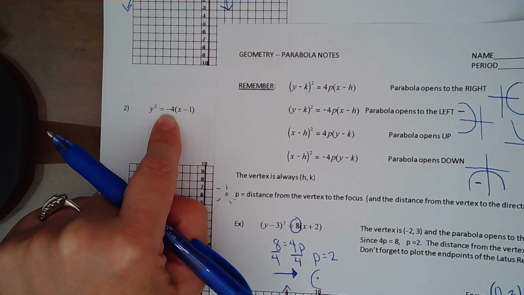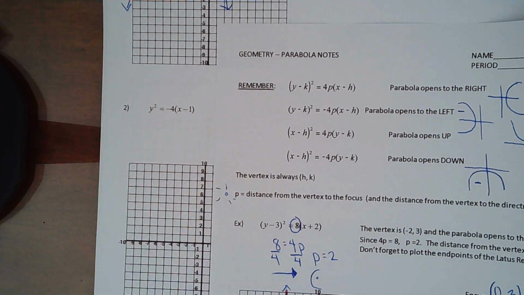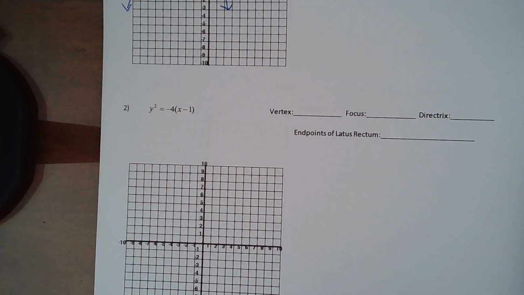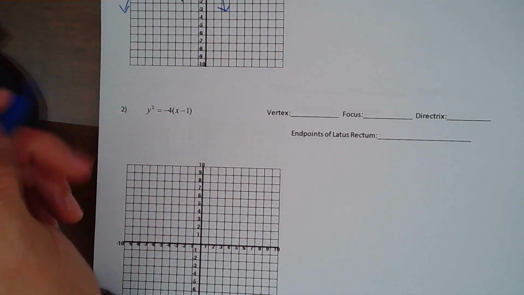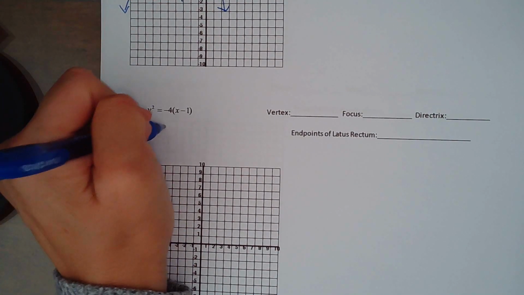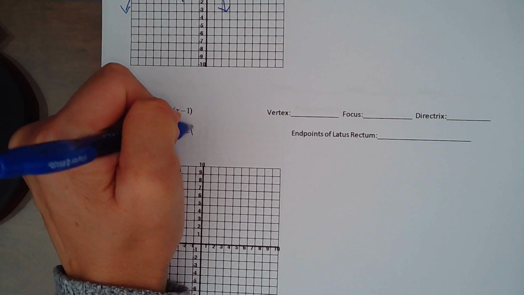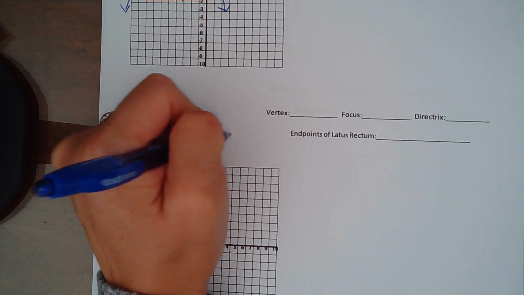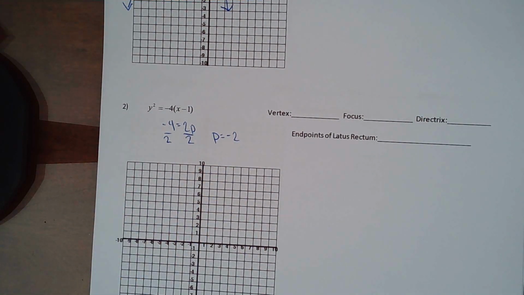So we're going to set this -4 equal to 2p. So -4 equals 2p, divide by 2, divide by 2. p equals -2, but remember we're going in distance, so it'll actually be positive.